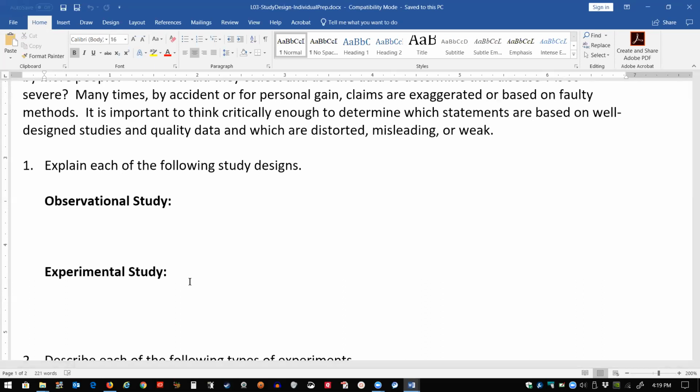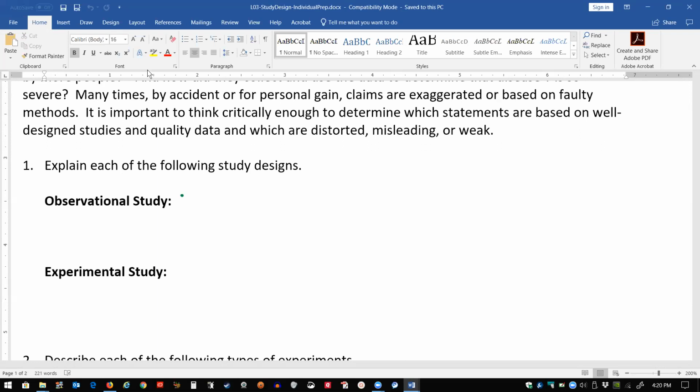An observational study has the researcher just watching events unfold, typically in their natural environment, without trying to control the conditions or the environment, right? The researcher is an outside observer, just peeking in and seeing what happens.